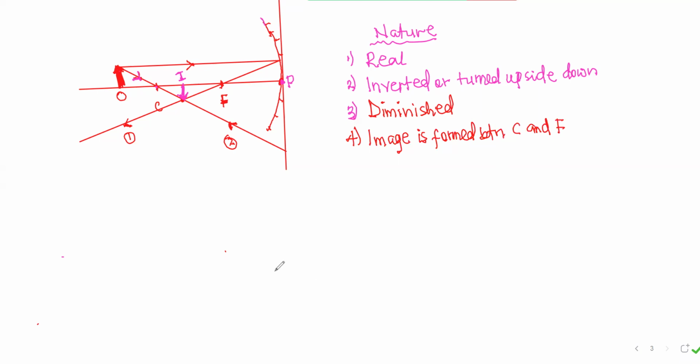So these are the characteristics of the image when the object is placed beyond the center of curvature, or placed between infinity and C. Let's do another one. The rest will be given to you as an assignment, which you will do and send to me.